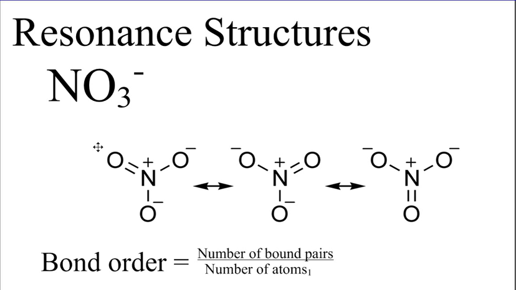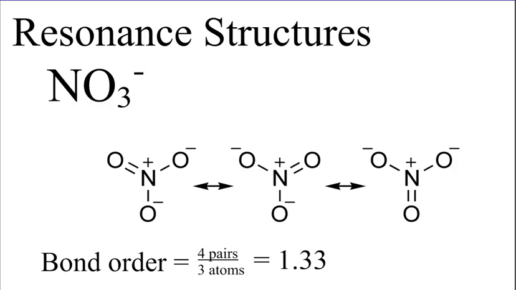So in the case of nitrate, we have 1, 2, 3, 4 bound pairs, and there are 1, 2, 3 atoms bound to the central atom. So the bond order for nitrate would be 1 1/3.